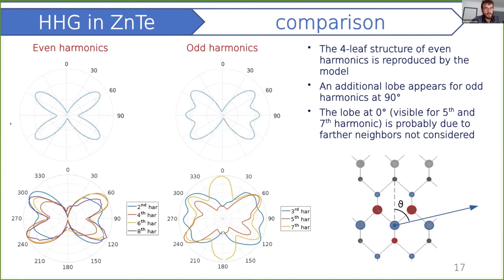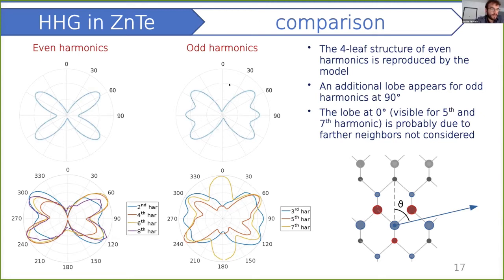As can be seen, we can retrieve the four-leaf structure of even harmonics that comes from ionization and recombination of two neighbor atoms of different kind lying on the same plane. For odd harmonics, we can see an additional lobe appearing at 90 degrees that comes from ionization and recombination of first neighbor atoms of the same kind lying on the same plane.